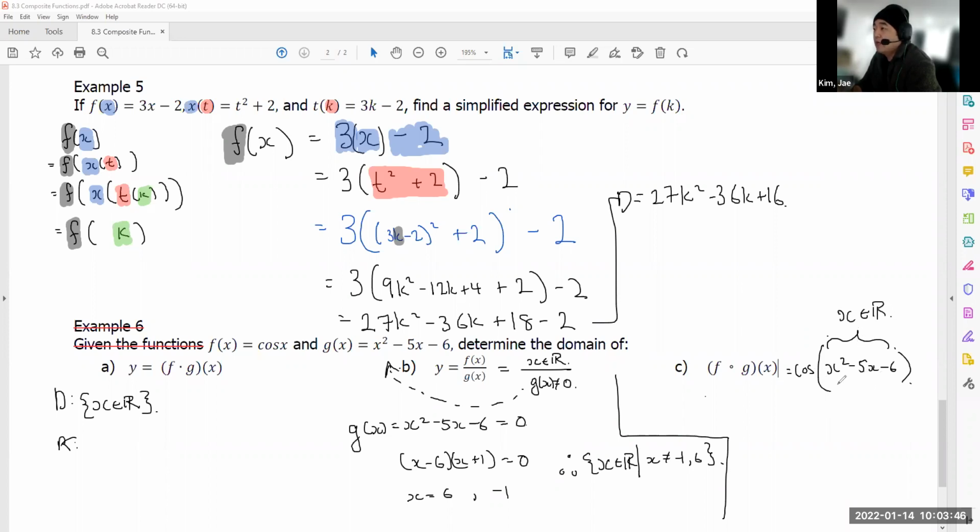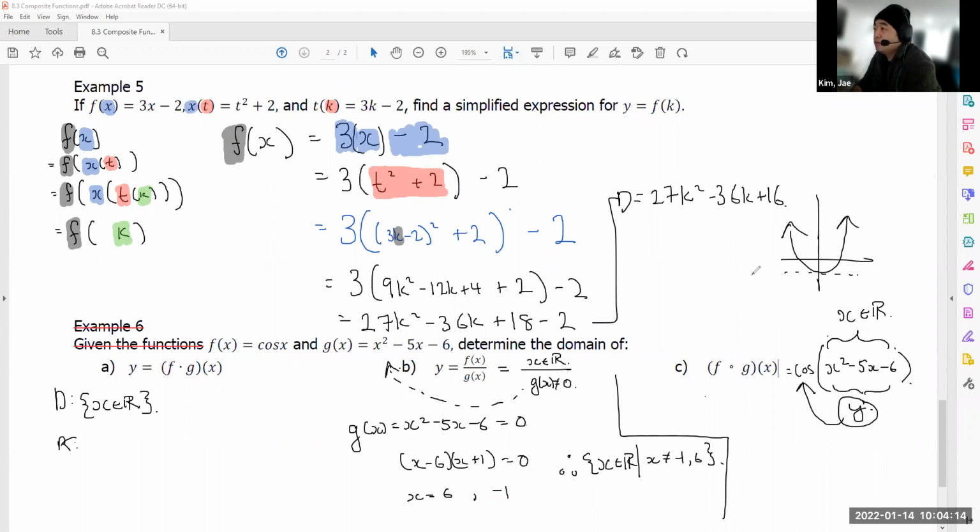Why? The y values of this quadratic equation are what's going to be plugged into cosine. In other words, are there any values of y that cosine will not be able to handle? Just think about it very casually.